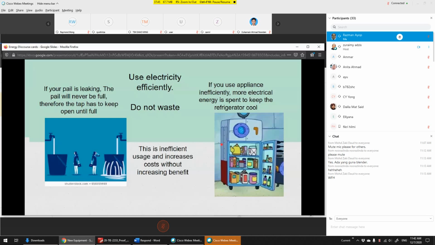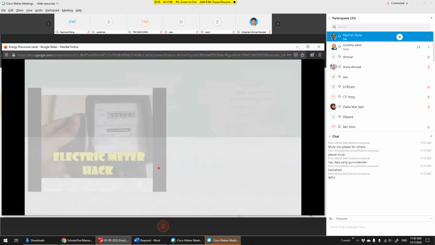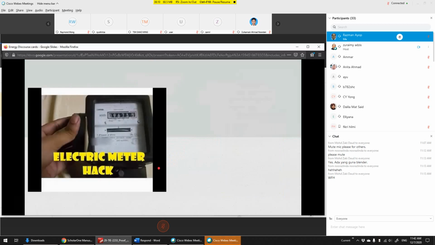Right? Tapi in this case, like SpongeBob, it didn't close the refrigerator door. It is inefficient usage, and this increases cost without increasing benefit. So never do that. Okay. Use electricity efficiently. Do not waste.